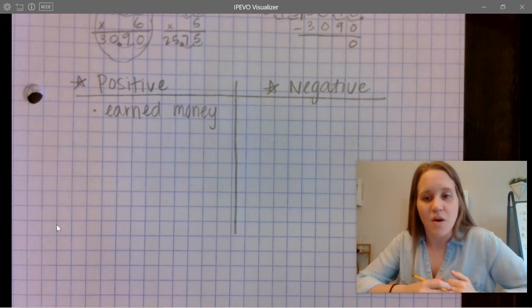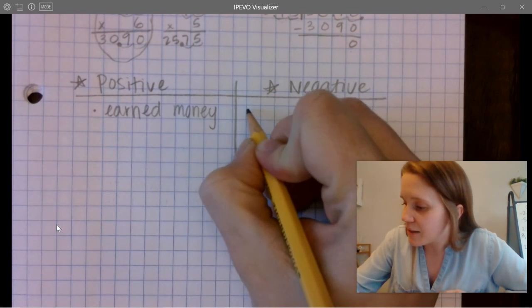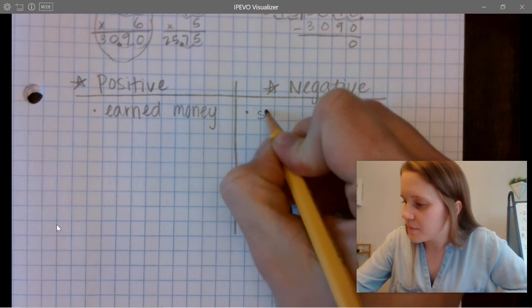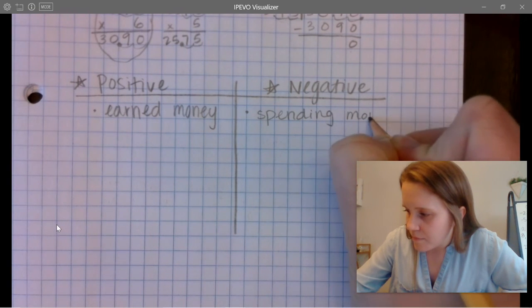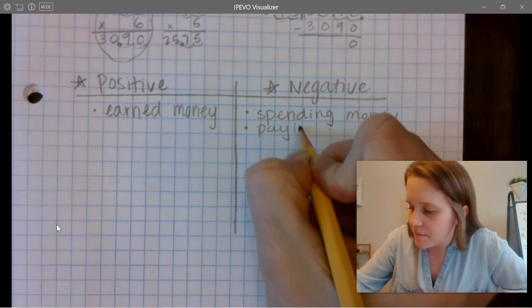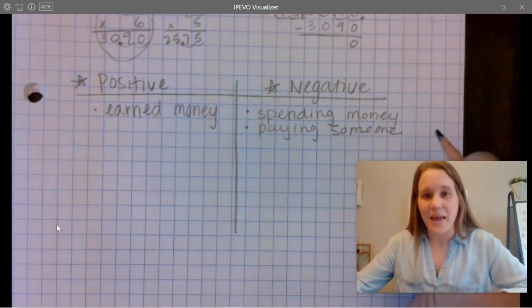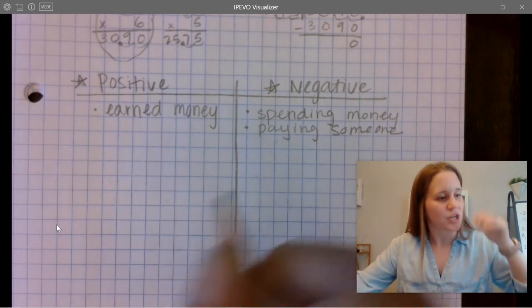The number of lawns you mow would be changing your account positively, earning money. Negative, there's a couple of examples for negative, like spending money, or if you are paying someone, your amount of money is decreasing, it has a negative change.